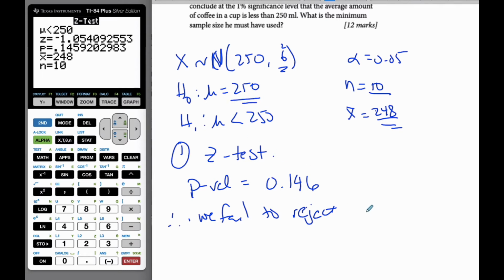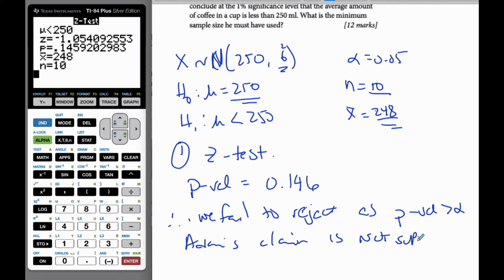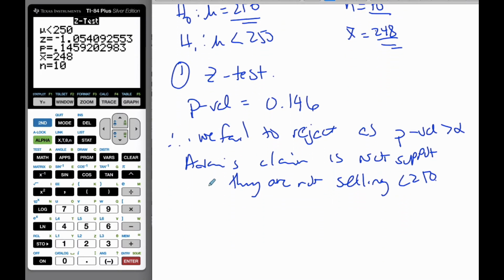And so we fail to reject as the p-value is bigger than alpha, and Adam's claim is not supported. They are not selling less than 250, or there's not enough evidence to claim that that's true. So that's the one way I could do it with the z-test.